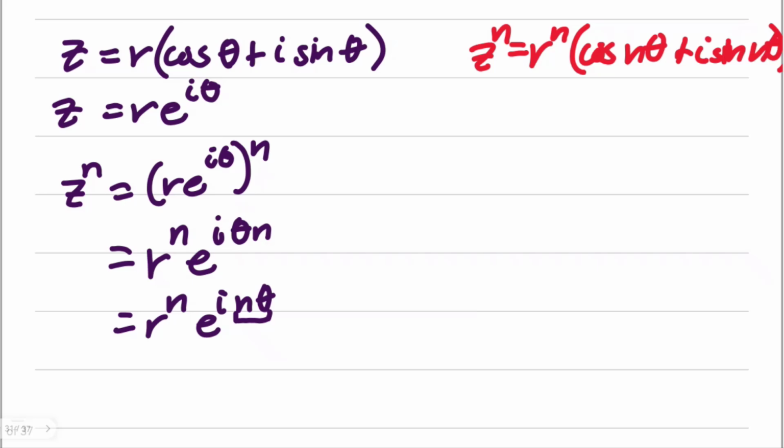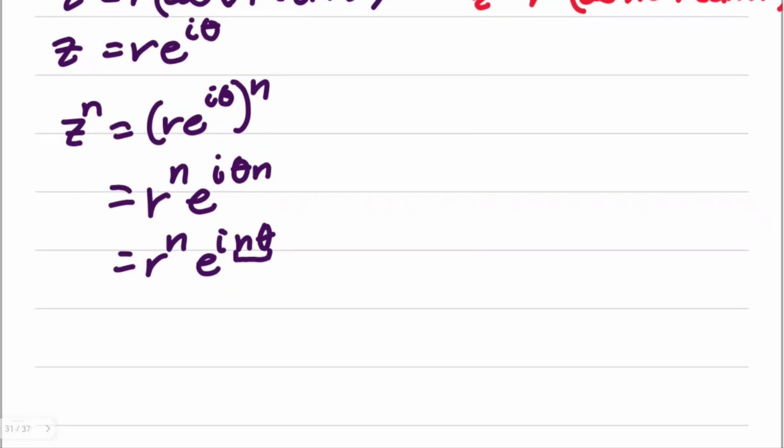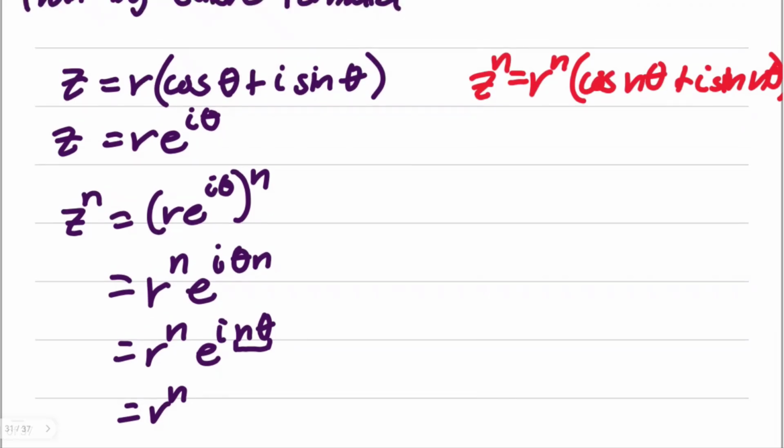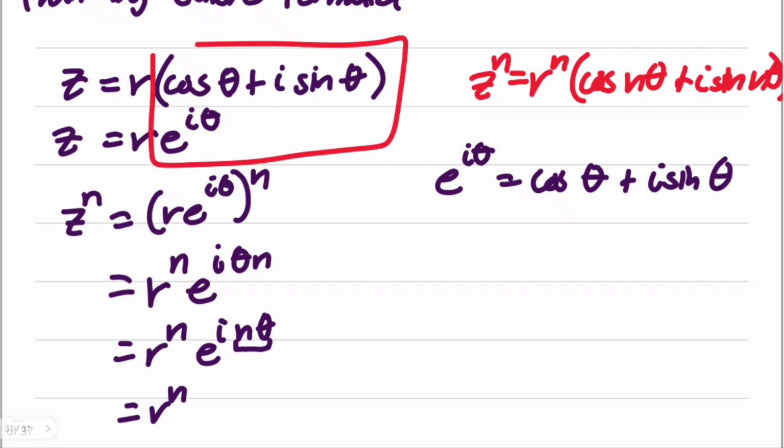Treating this as one quantity, since e to the power of i theta is just cosine theta plus i sine theta, except for the r, I'm talking about this quantity here.